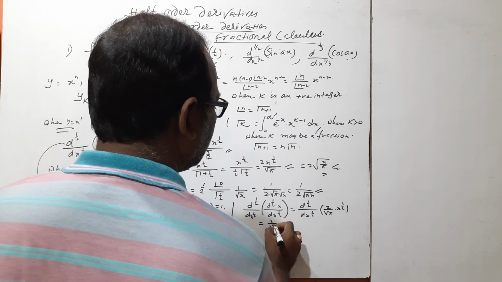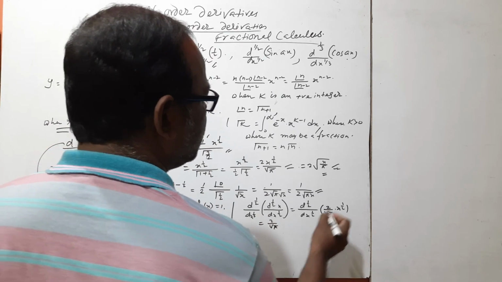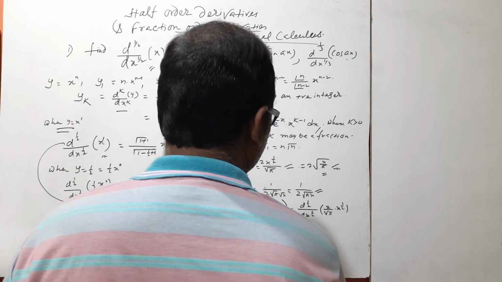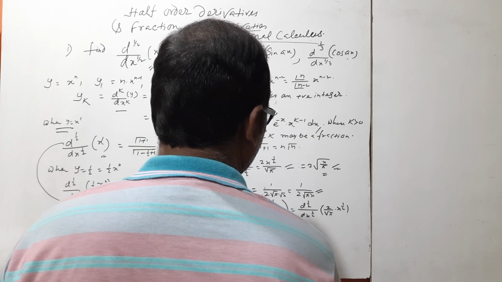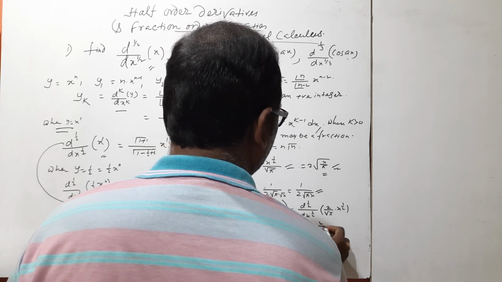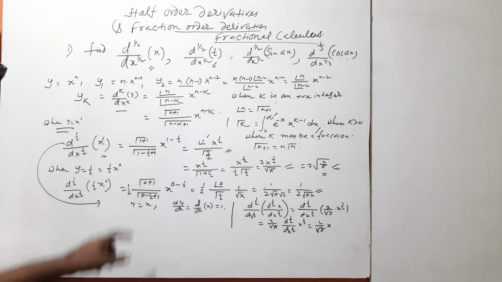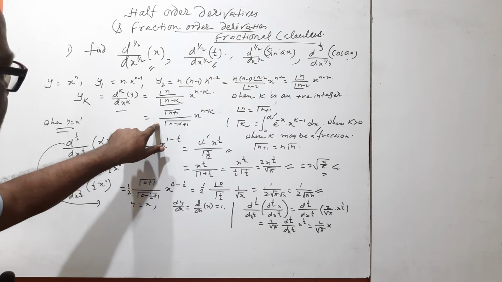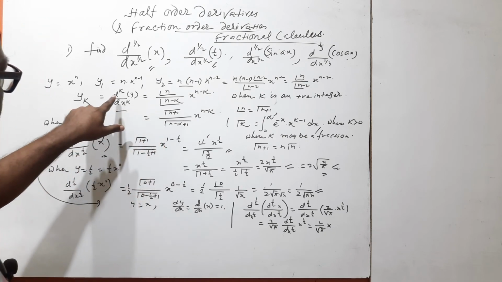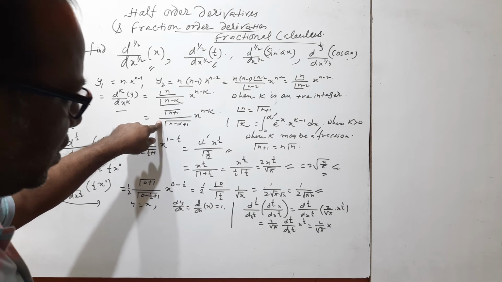So this is the half order derivative of x, 2 by root pi x to the power half. So formula is here, this is nth order, kth order derivative. So we need here half order.